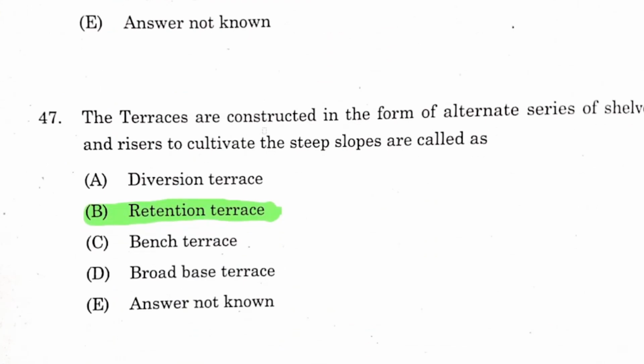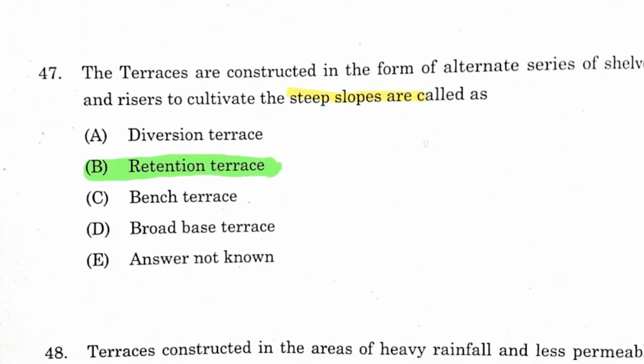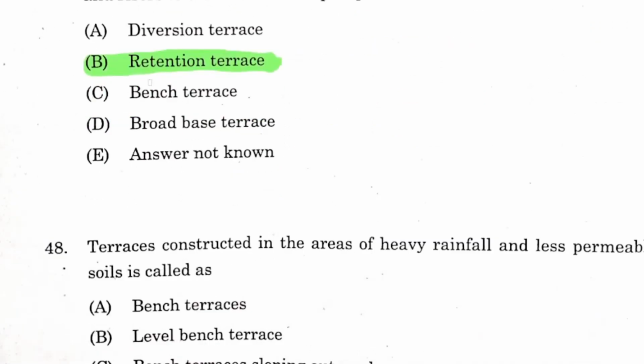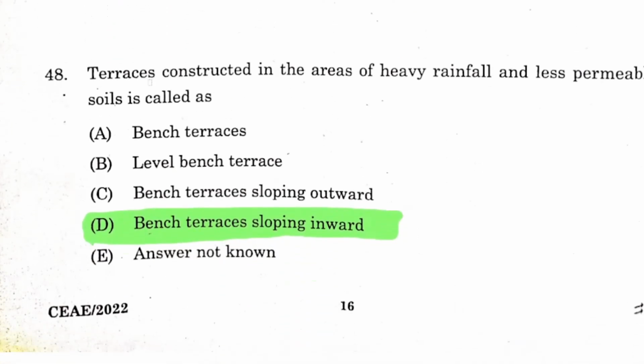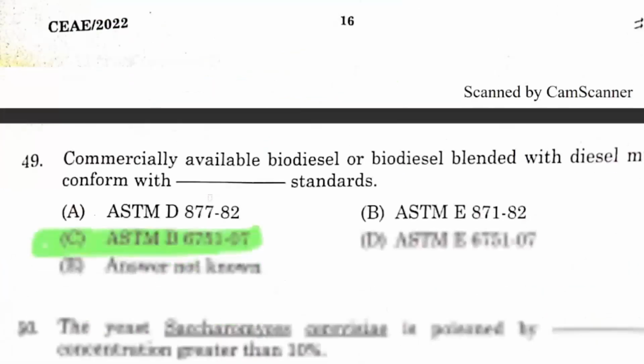The terraces are constructed in a form of alternate series of shelves and risers to cultivate the steep slopes is called as, so that is called as retention terraces. Option number B is correct here. Next question 48. Terraces constructed in the areas of heavy rainfall and less permeable soils is called as, so that is called as bench terrace sloping inward.